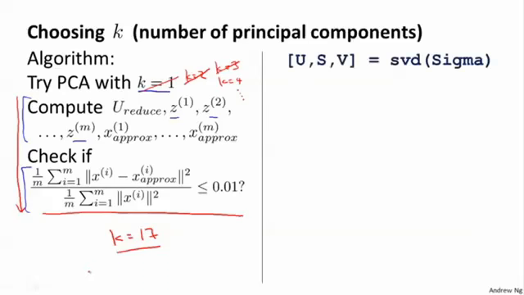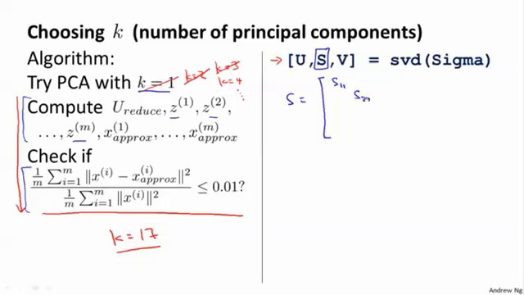Fortunately, when you implement PCA, it actually gives us a quantity that makes it much easier to compute these things as well. Specifically, when you're calling SVD to get these matrices U, S, and V, when you're calling SVD on the covariance matrix sigma, it also gives us back this matrix S. S is going to be a square, n by n matrix that is diagonal.